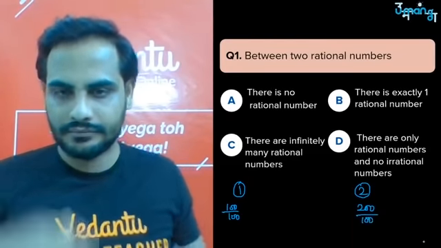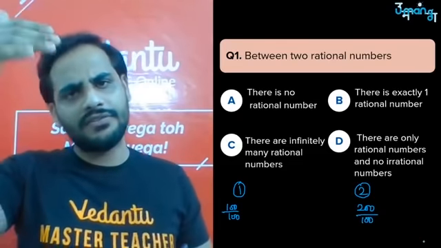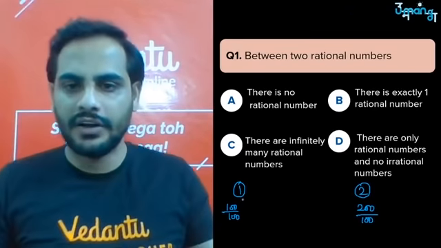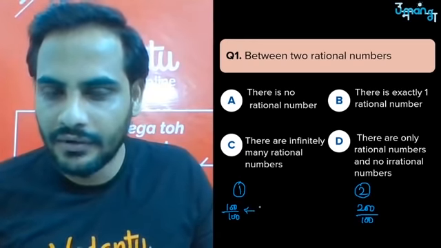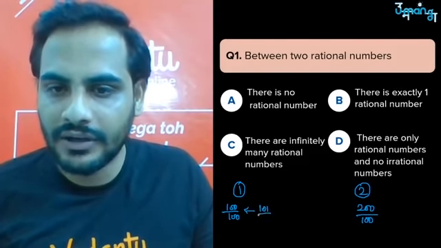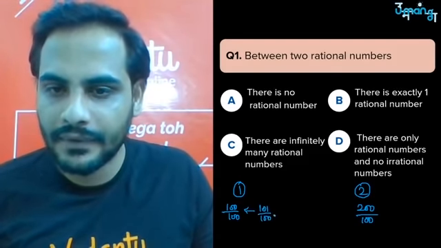Let us write 1 as 1 by 1, multiplying and dividing both with 100. Right now I can see the numbers between them are 101 upon 100, 102 upon 100, till 199 upon 100. You got it?